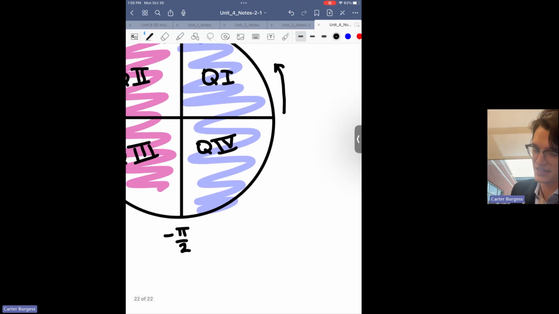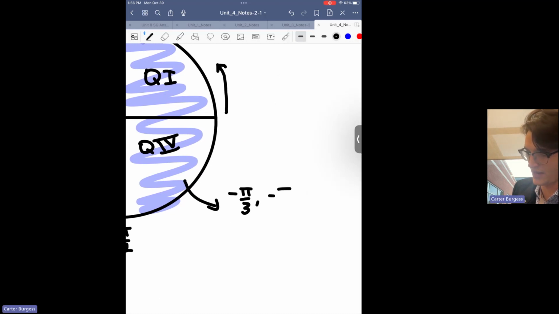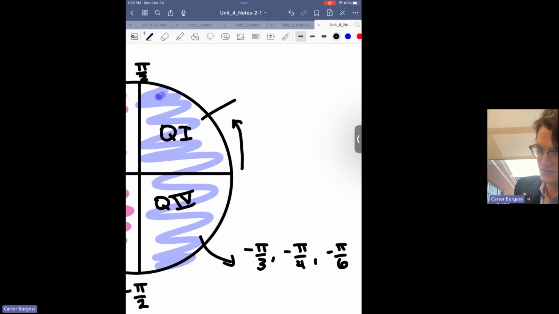All right. So theta is from here: negative pi over 3, negative pi over 4, negative pi over 6, and theta's from here, this would be our normal ones like pi over 3, pi over 4, pi over 6.